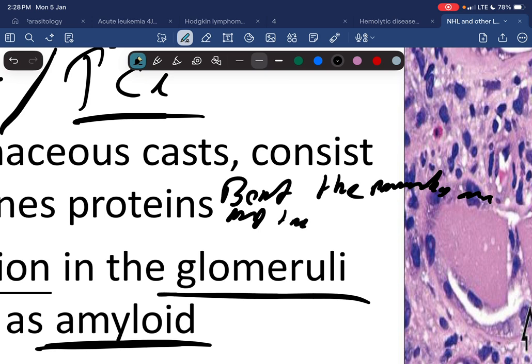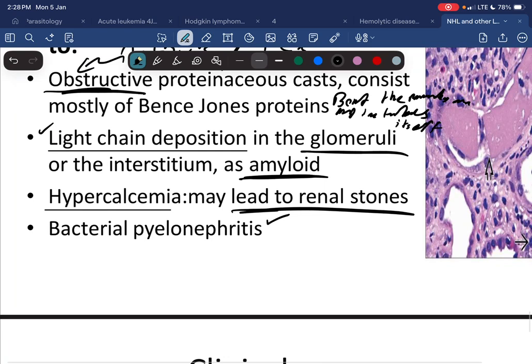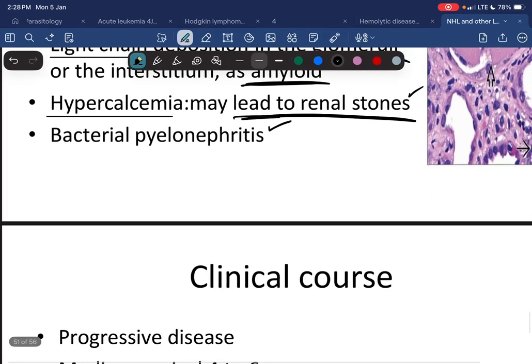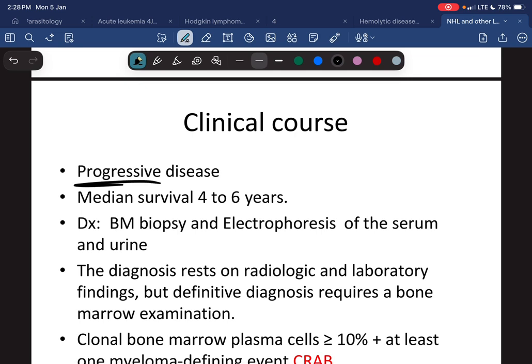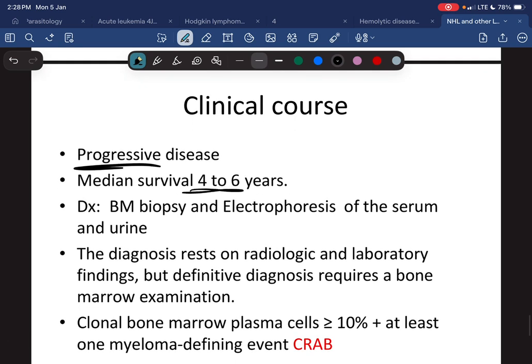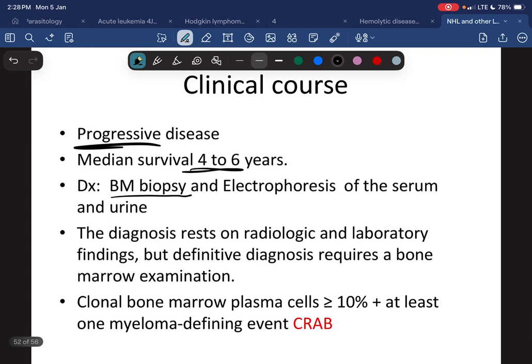On the other hand, the hypercalcemia from the lytic lesions can lead to renal stones. Also, bacterial infections are increased in patients with multiple myeloma, so the patient may present with bacterial pyelonephritis, inflammation of the kidney parenchyma and pelvis.